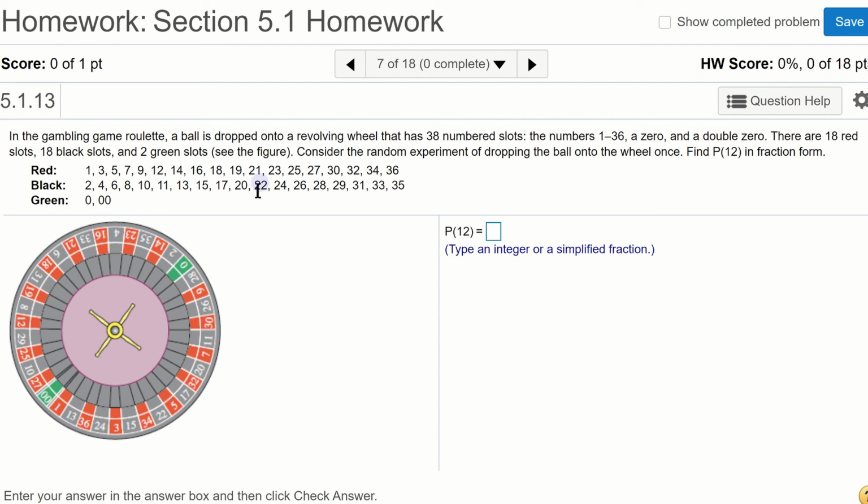So the probability of getting a 12, however? Some people would incorrectly say it's 1 out of 36. That would not be the correct answer. It's actually 1 out of what?